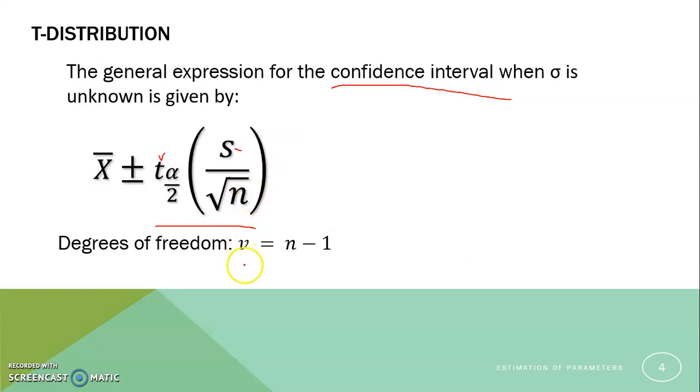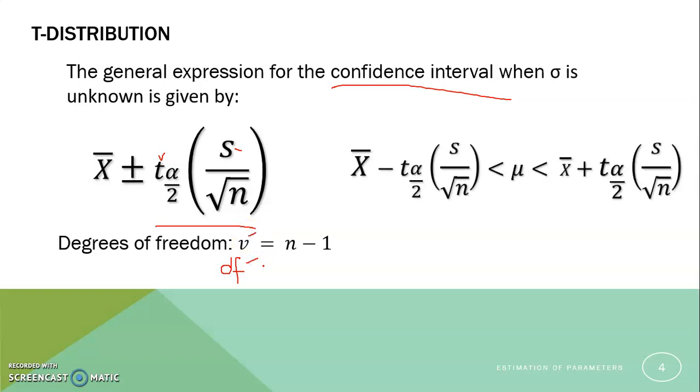So, the degrees of freedom is denoted by V by some books, and that is given by n-1. So, n is our sample size minus 1. Other books just use DF to denote degrees of freedom. So, others will use V, others will use DF. They're still the same. So, inigkuha na to sa interval, the same nga formula sa atong previous. Ang kalahian lang gyud is kani siya. So, mao ni siya karon ang margin of error.